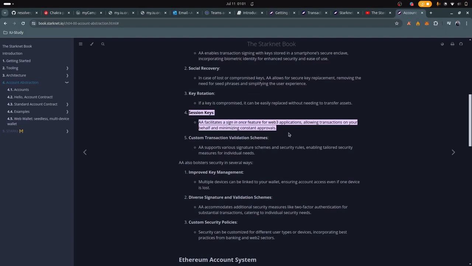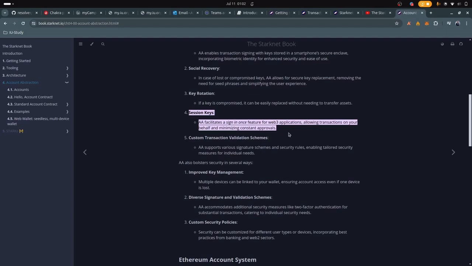Also, there's Paymaster on Starknet. Paymaster makes it possible for people to pay for gas fees with other tokens or currencies aside from Stark and Ether. So you can pay with USDT, USDC, DAI, or any token at all.